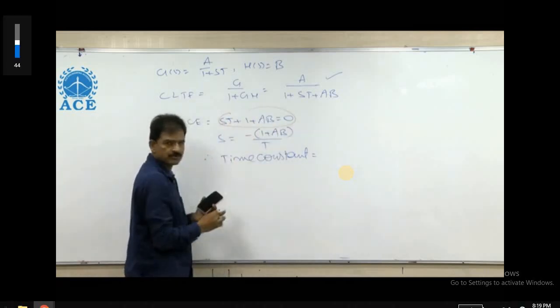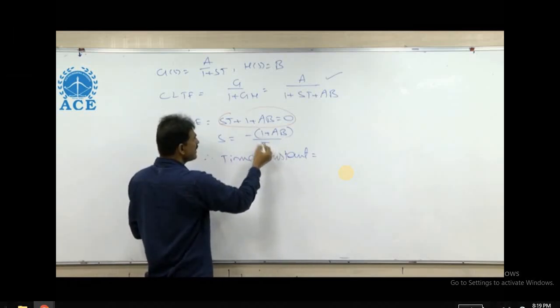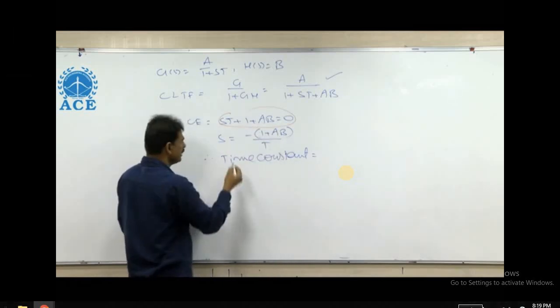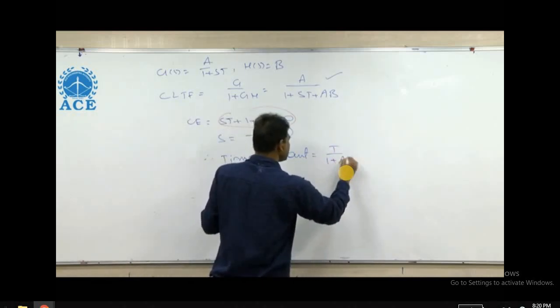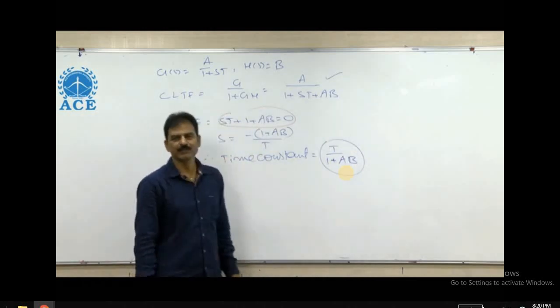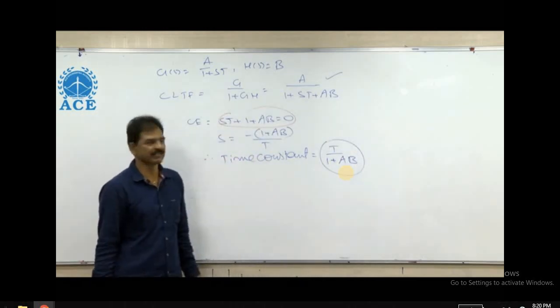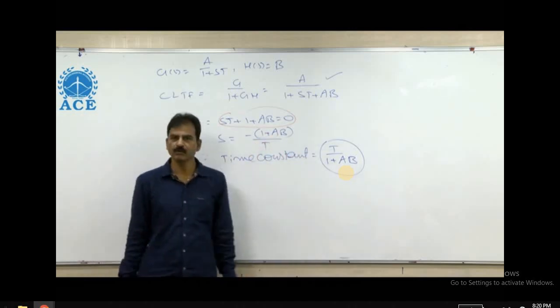Roots are poles. The pole is s is equal to minus (1 plus AB) divided by T, you get it. And time constant is T by (1 plus AB), therefore the reciprocal of the pole. If the pole is minus 3, the time constant is 1 by 3. Therefore, here the pole is (1 plus AB) by T, and the time constant is T by (1 plus AB).